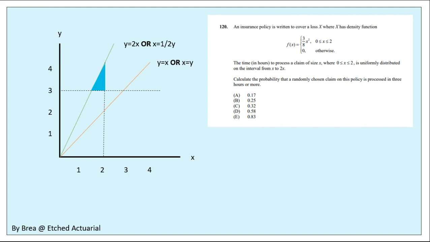It's above y equals 3, it's between x equals 0 and 2, and it means that y is less than 2x, but it's also above x. So using all those different boundaries, you can see that this blue triangle is the area that we're looking for.